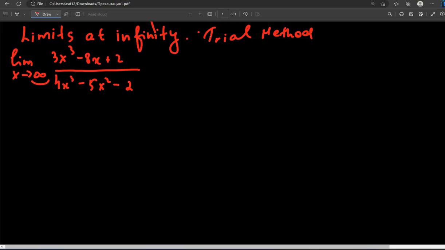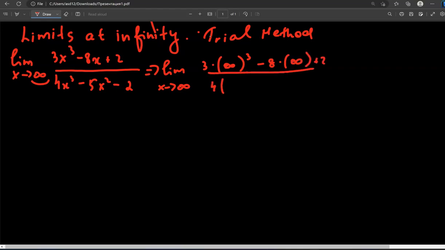To check this, we just insert our infinity value into x. So it's the limit as x approaches infinity of 3 multiplied by infinity cubed minus 8 multiplied by infinity plus 2, divided by infinity cubed minus 5 multiplied by infinity squared minus 2.